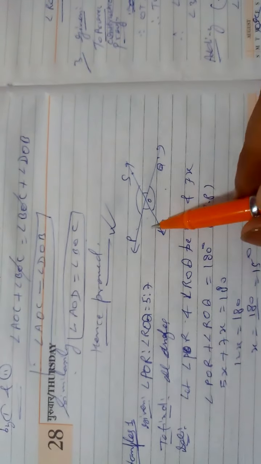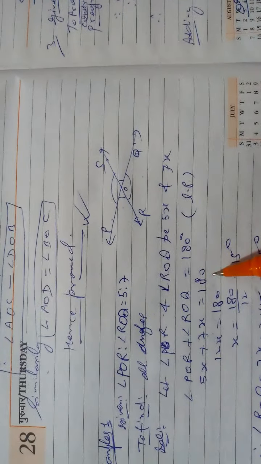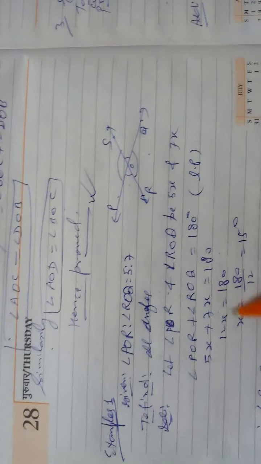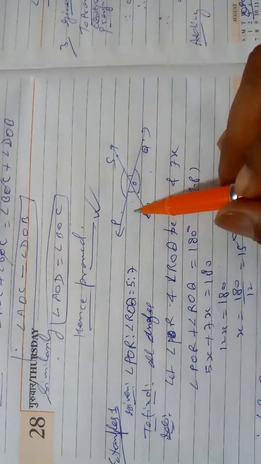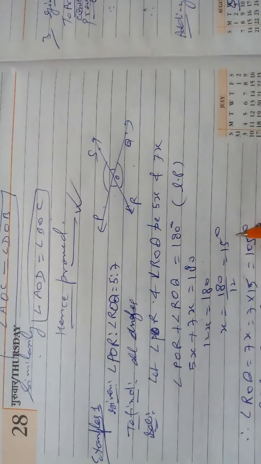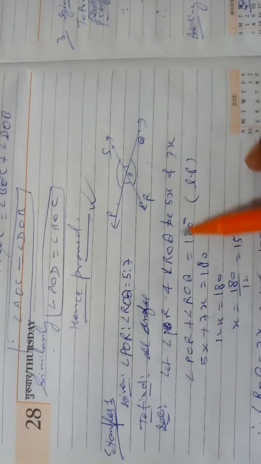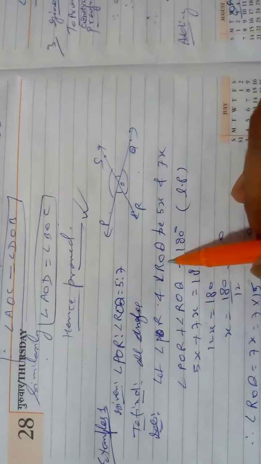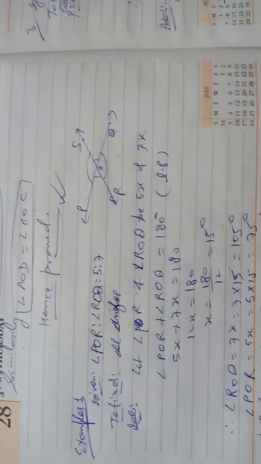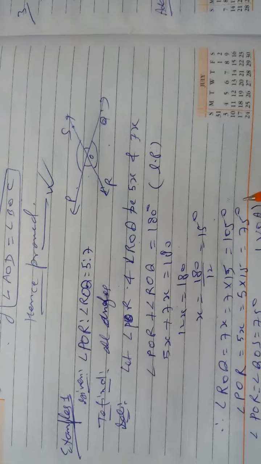Let these two angles be 5x and 7x. So 5x plus 7x is equal to 180. So 12x is equal to 180, because of the straight angle, linear pair. So x is 15 degrees. ROQ is 7x, 7 into 15, 105, and POR is 5x, 5 into 15, 75.